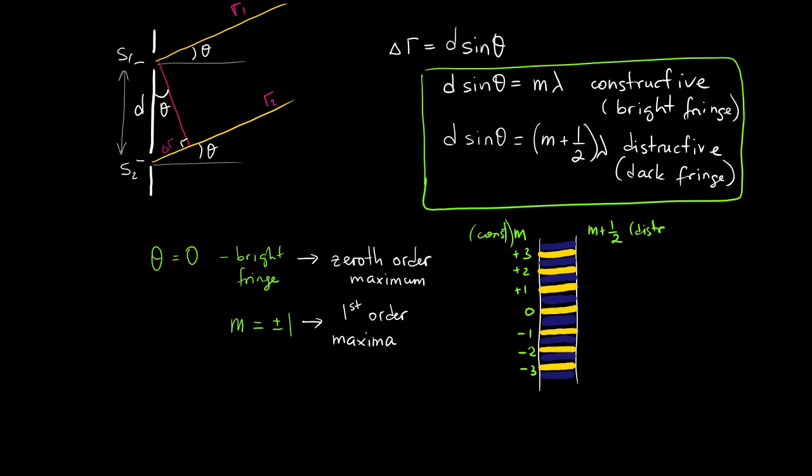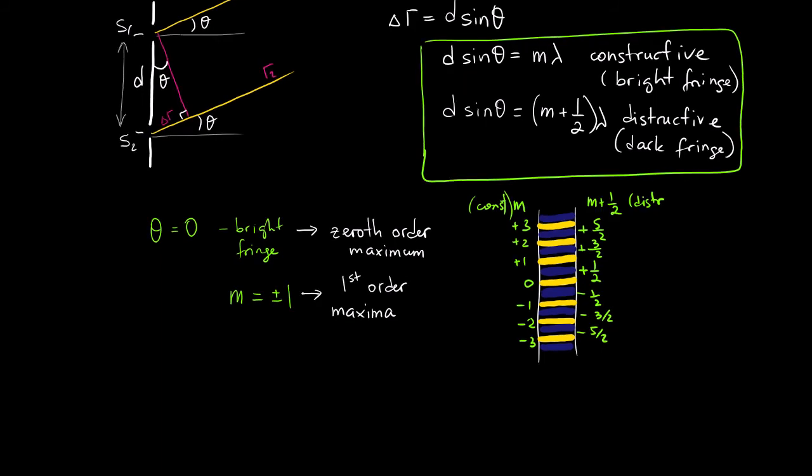For the dark fringes, we would have positive 1/2, positive 3/2, 5/2, and then going down, this one would be negative 1/2, negative 3/2, negative 5/2.